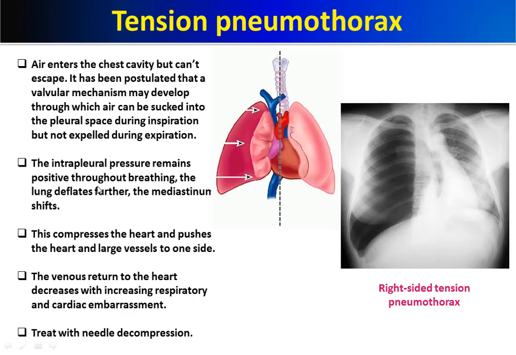But in tension pneumothorax, the intrapleural pressure remains positive throughout the breathing, and the lung deflates further, and it might even push the mediastinum and compress the heart and the great blood vessels. So this might reduce the venous return to the heart, and it is a medical emergency, so we need to insert a needle in order to decompress the chest.